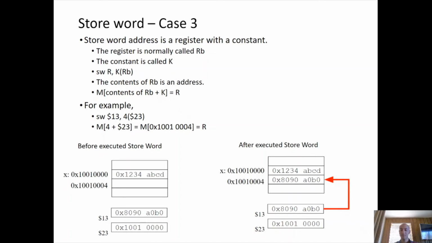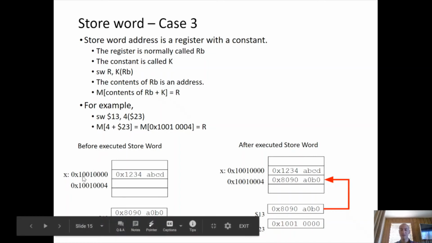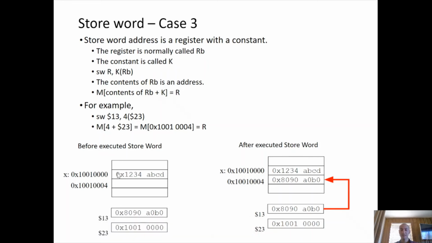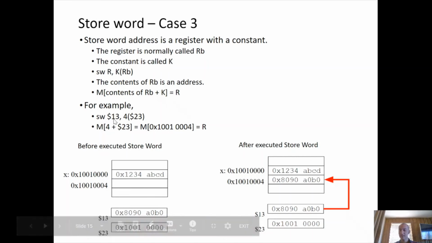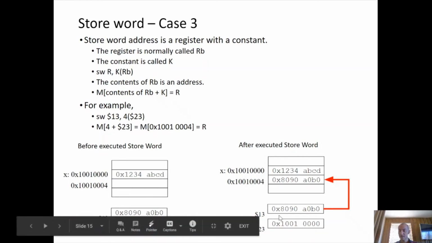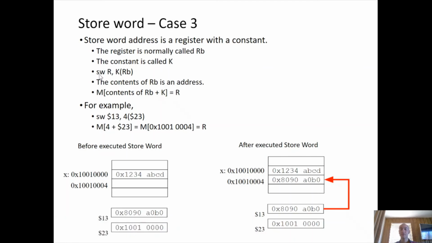So that's the content of register 23, and we are offsetting 4 from that in a positive direction. So it's going to be 1001 0004. This is the location that we are going to write to, and we take the content of register 13 and copy that to this location. So that's the last case for store word, where we are using a register as a pointer with an offset.